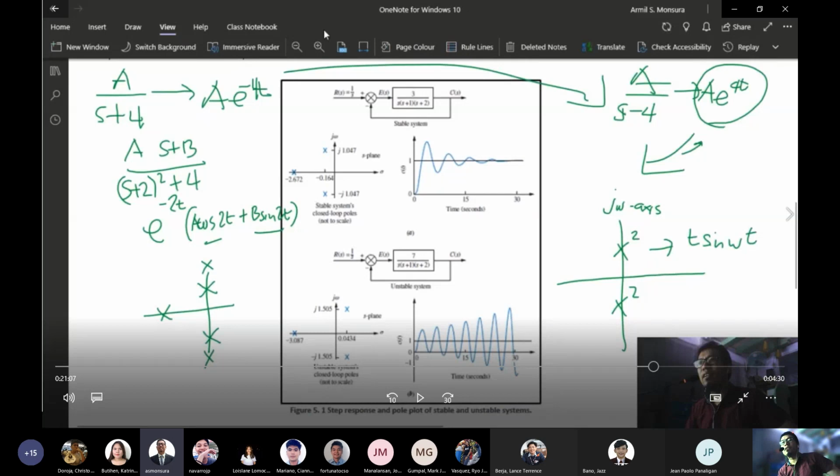How about sa total response? What conditions do we need for your total response to be fulfilled so that yung system natin is considered stable?